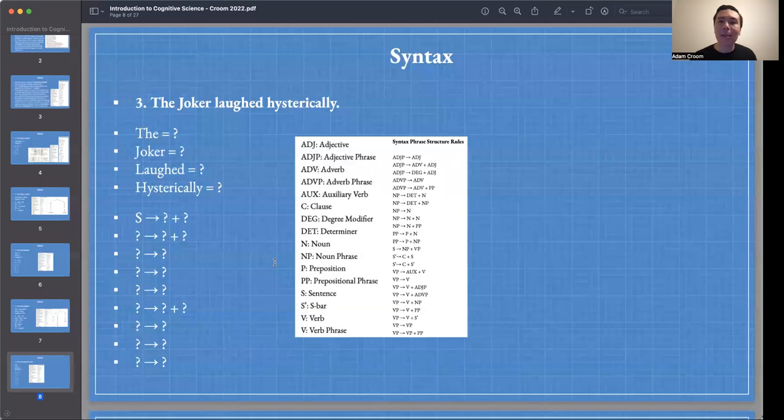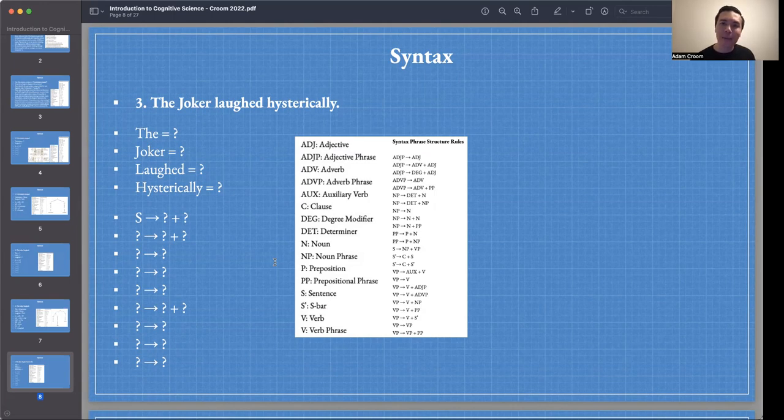Our next example is the Joker laughed hysterically. So take a moment to identify each of these lexical items: the Joker, laughed, and hysterically. We've already identified the Joker and laughed. So now you have to ask yourself, what's going on with hysterically? Is that an adverb or an adjective? Can you remember from when you studied English grammar what kind of item that is?